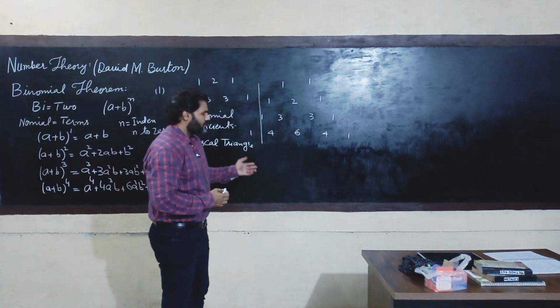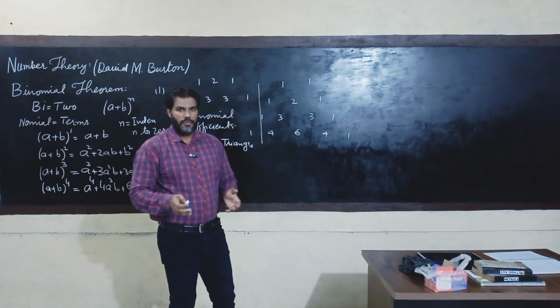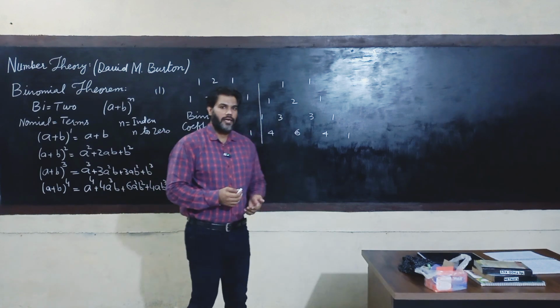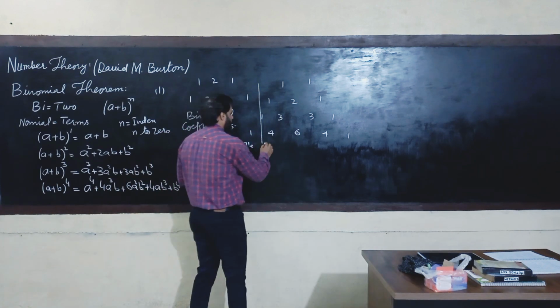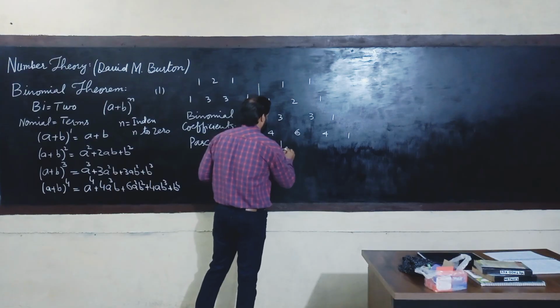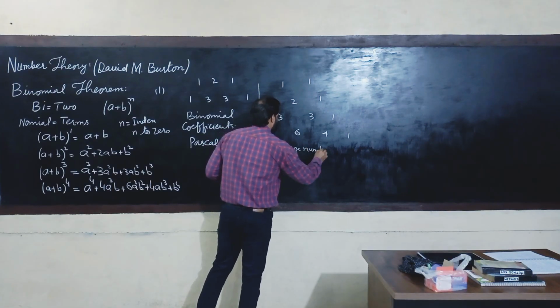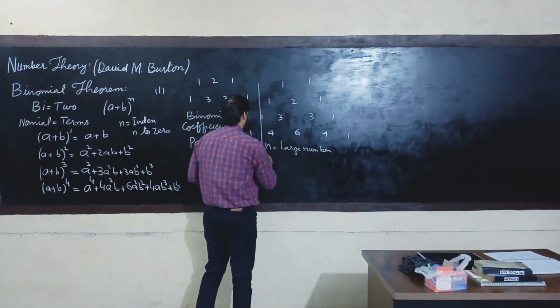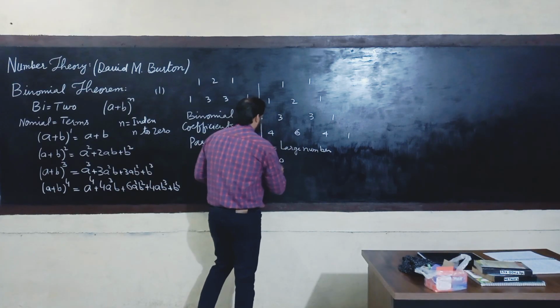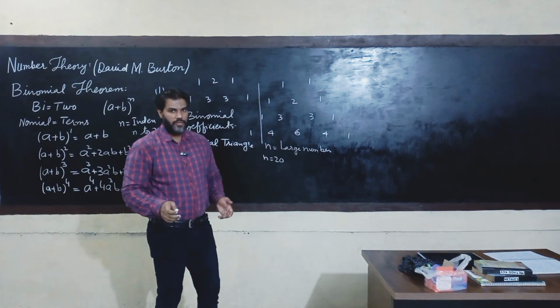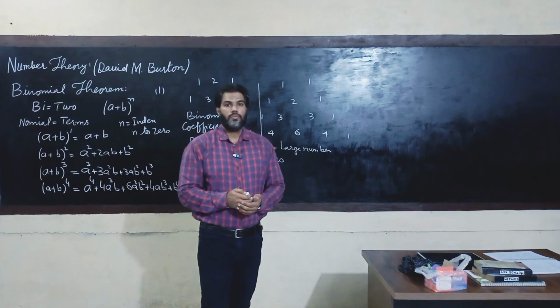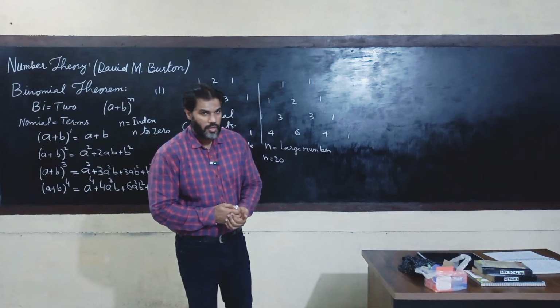But this Pascal triangle has some drawbacks. When your n is a large number, suppose n is 20, then Pascal triangle has the following drawbacks. It will consume a sufficient time.